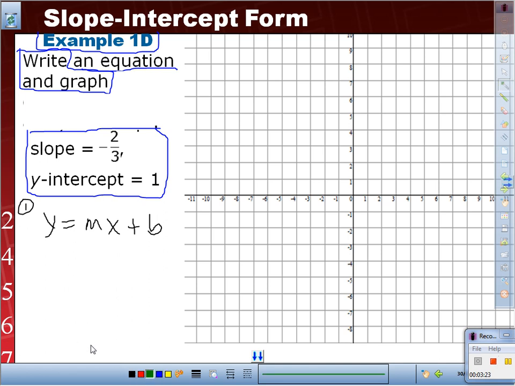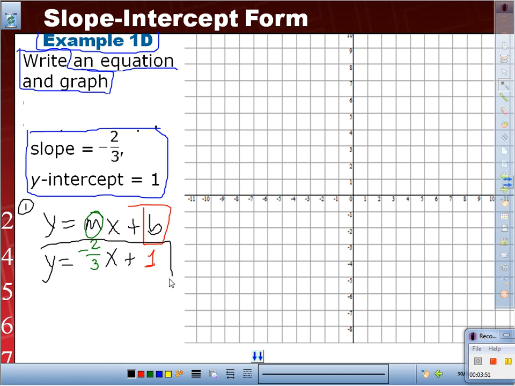Kelsey, help him out. So substitute the values for the slope. It's -2/3. And then 1. Okay, bring everything else down. Y equals -2/3 x plus 1.